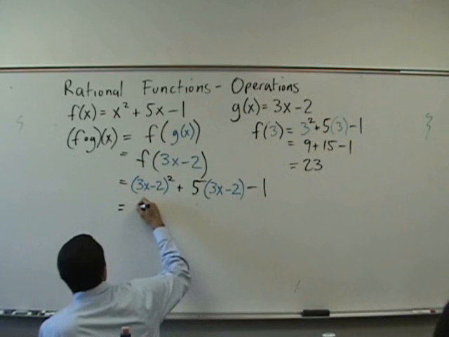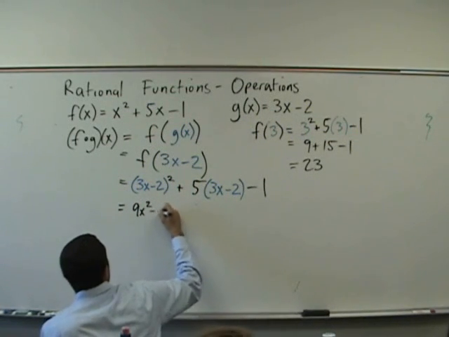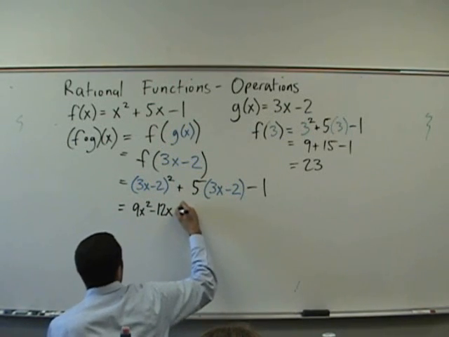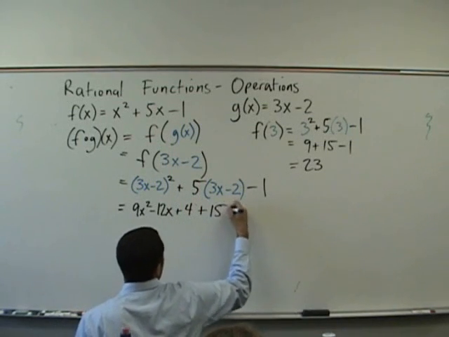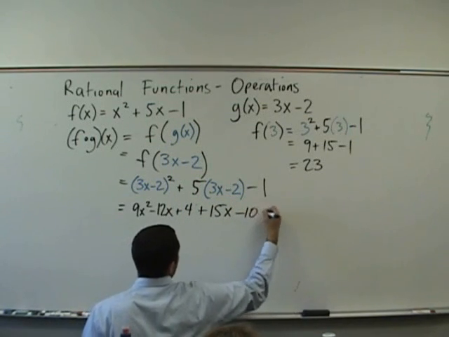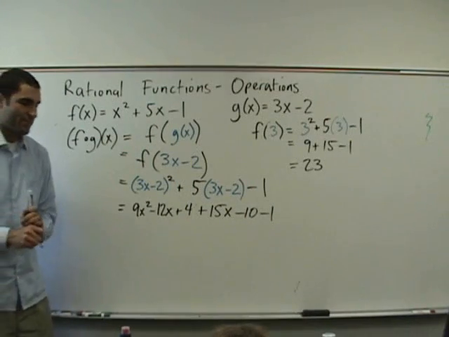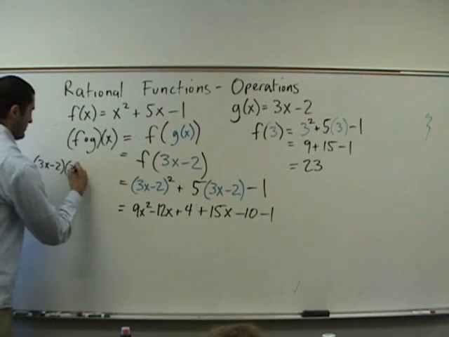Foil-tacular. So it's 9x squared minus 12x plus 4, plus 15x minus 10 minus 1. Wait a second, where did that 12 come from? Oh, we didn't show it.